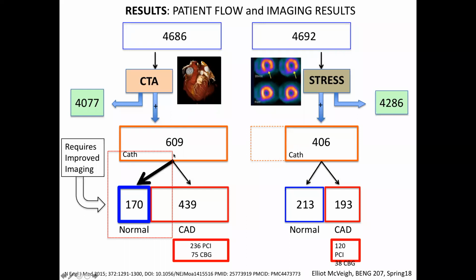Over here, 439 were found to be abnormal on cath. So just look at the difference between this and this. You've extracted 439 abnormal people from this population. Over here, you extracted 193, right? 170 were found to be normal.